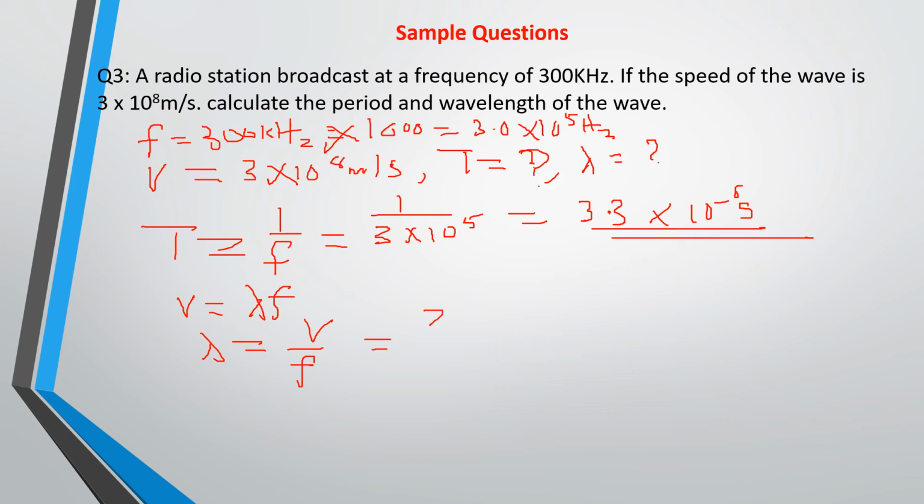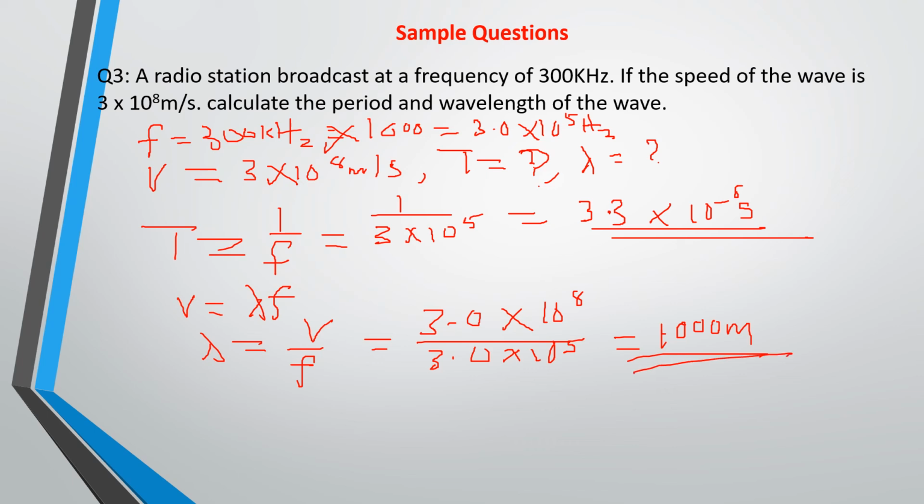So we can just do that the way we did previously: 3 times 10 raised to the power 8, which is velocity, all over frequency, which is 3.0 times 10 raised to the power 5. So when you finish this calculation, you have that your wavelength is equal to 1000 meters.